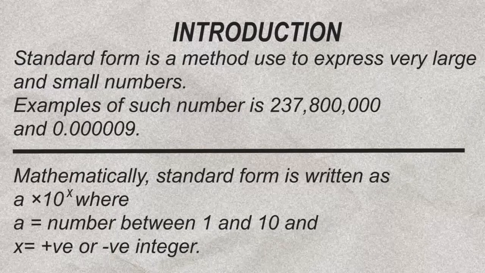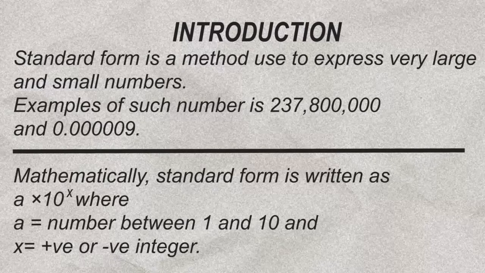As an introduction, standard form is a method used to express very large and small numbers. Examples of such numbers are 237,800,000 and 0.00009.